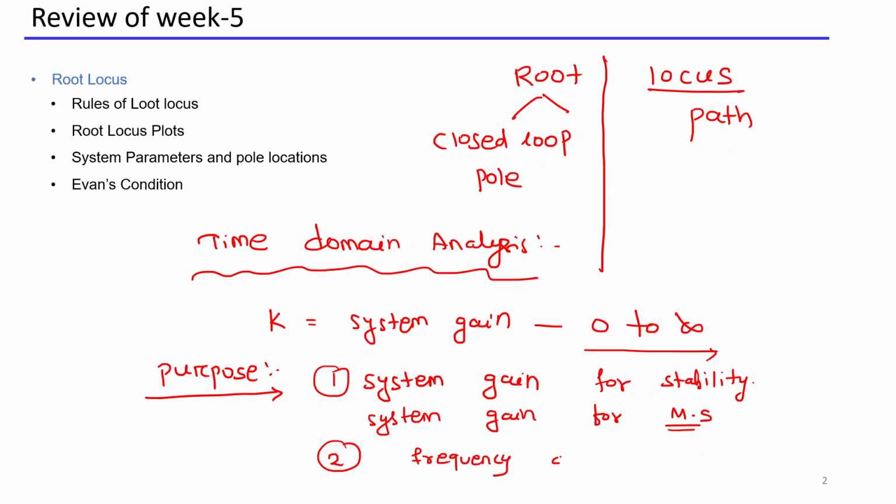I told you last class, marginally stable means a constant frequency of oscillation. You have to find at what frequency it will oscillate. Then you have to find the system's relative stability. These are the key observations when you read root locus: system gain, frequency of oscillation, and relative stability of the system.